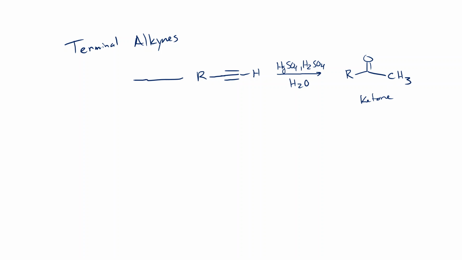They give different products if we do hydroboration instead. So if we do C-borane, hydrogen peroxide, sodium hydroxide, and we would get the aldehyde. So terminal alkynes will give us different products, ketone or aldehyde.